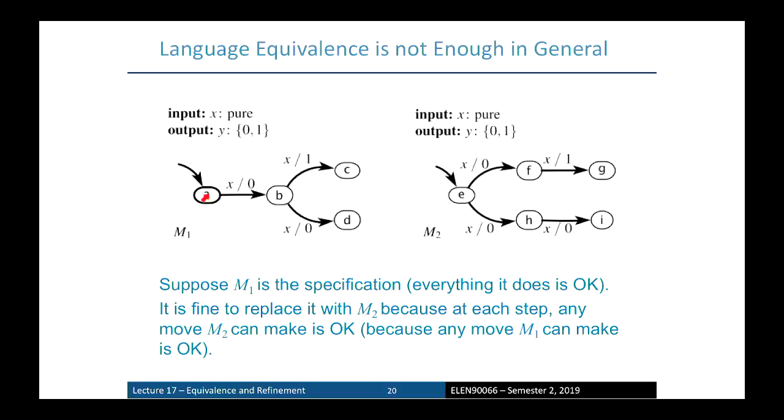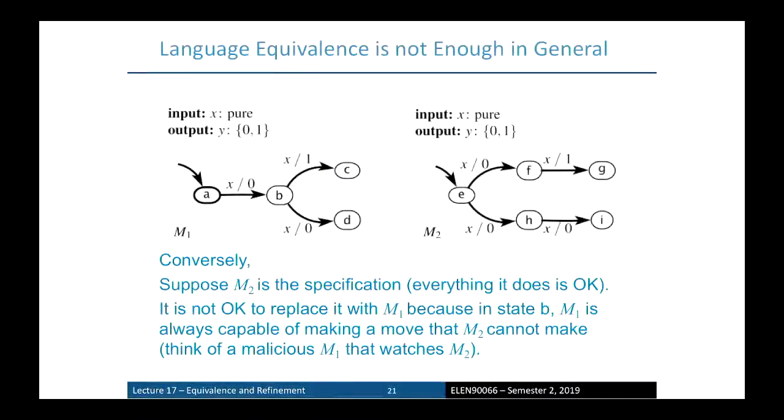Clearly, if x is present, the output's 0, and we can replicate that either way here. And if x is present, we can go 1 or 0. Because at each step, any move that M2 can make is okay with any move that M1 can make.